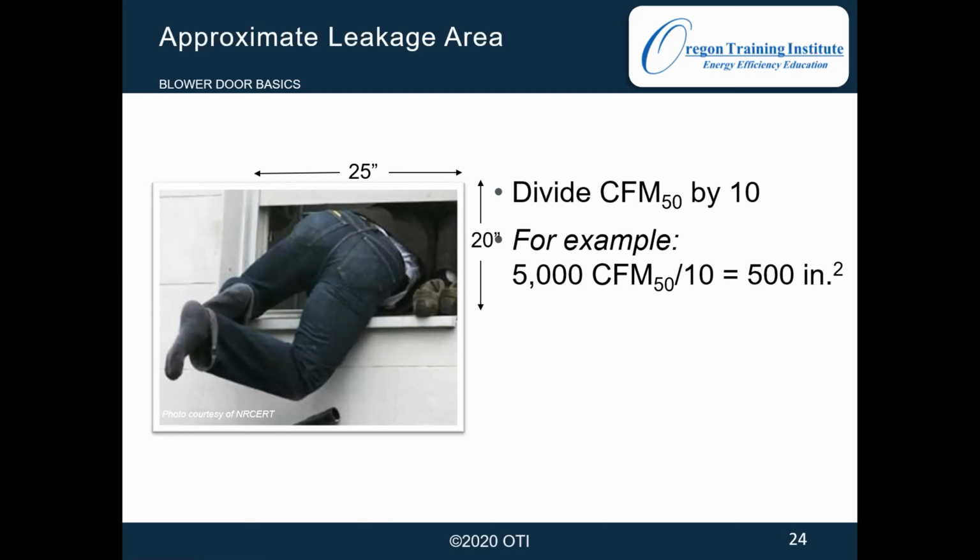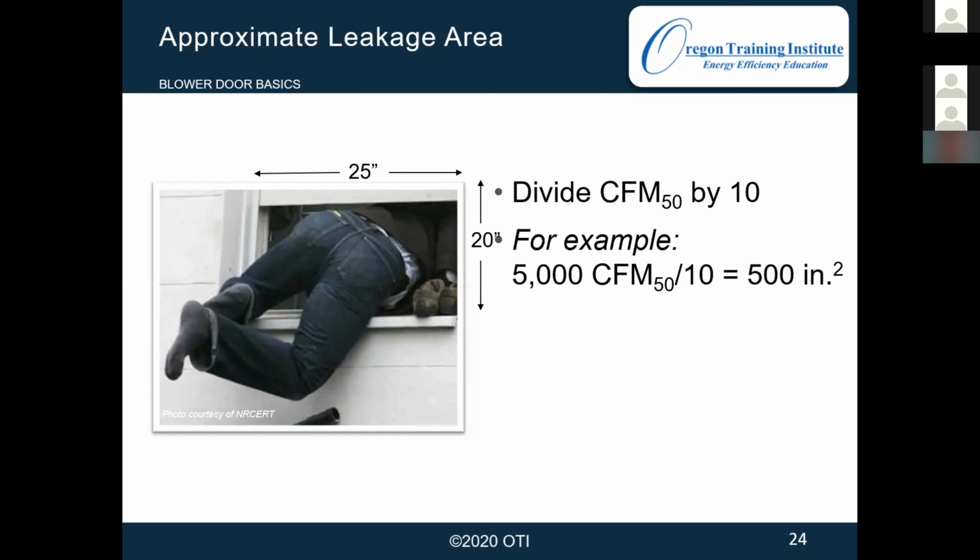So instead, you can convert it to square inches by simply dividing by 10, or dropping that last zero. In this case, 5,000 becomes 500 square inches, which is about the size of that window this guy's coming through, 20 by 25. It's much easier to visualize.